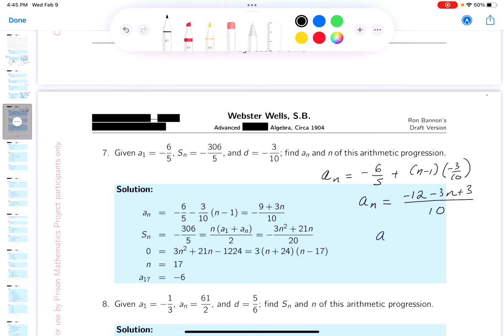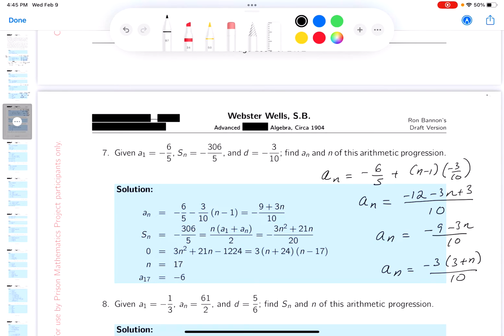And An is going to be minus 9 minus 3n over 10. Now, if you want to, you could write down An is minus 3 times (3 plus n) over 10. Now, granted, someone says overkill.